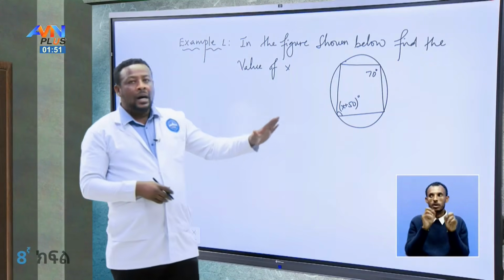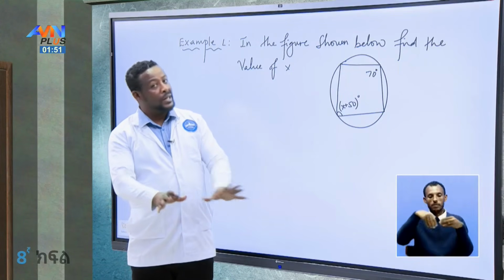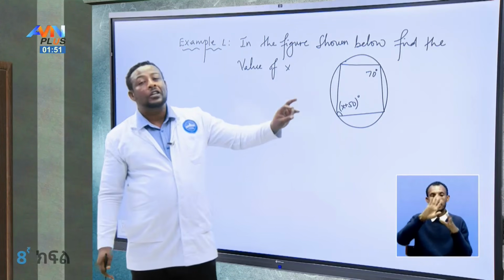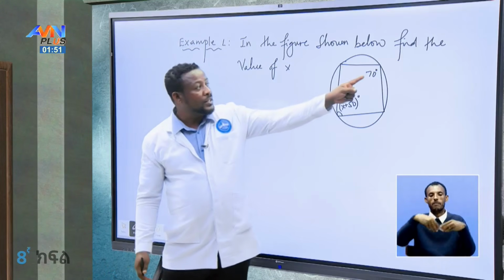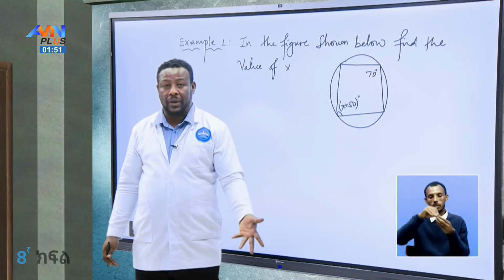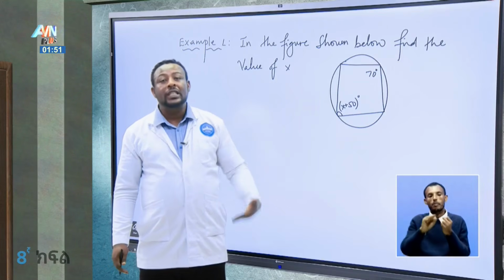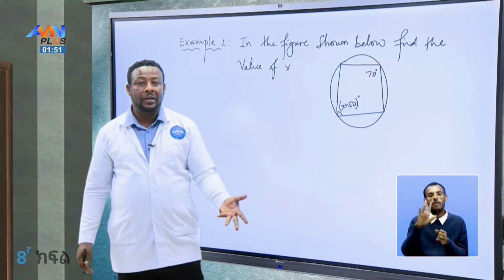Okay, in this figure, what is given? A cyclic quadrilateral is given, and the degree measures of the opposite pair are given. One is 70 degrees, the other one is x plus 50 degrees. So based on this, you are asked to calculate the unknown variable x, right?